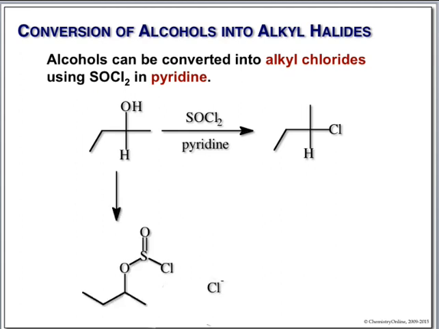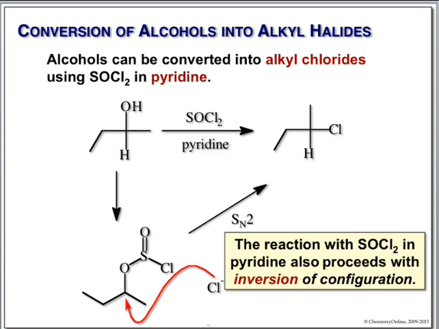Just like with PBr3, the first step is going to be the alcohol as a nucleophile on the sulfur. We lose a halogen. Here it is. And our second step, same thing. We're going to attack SN2 style, and once again we get inversion of configuration.